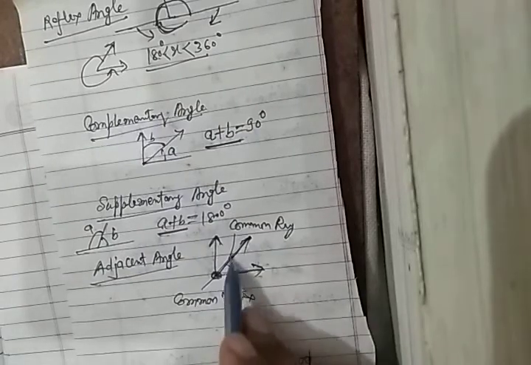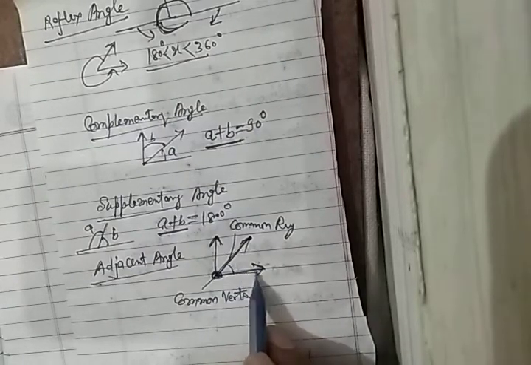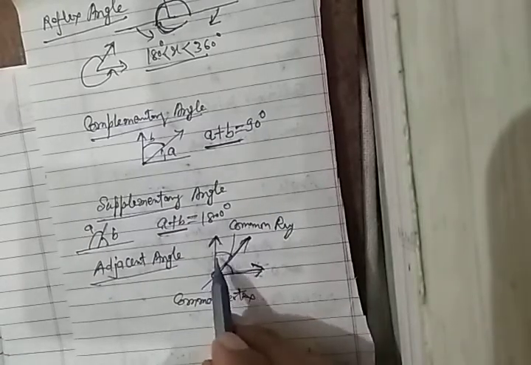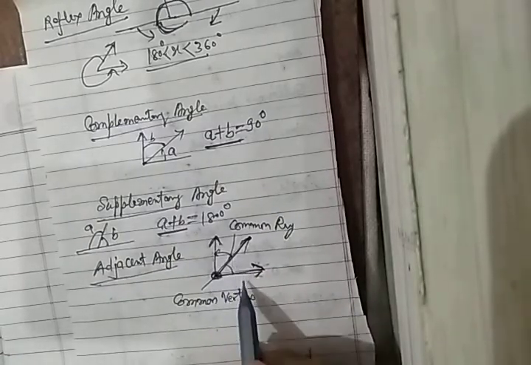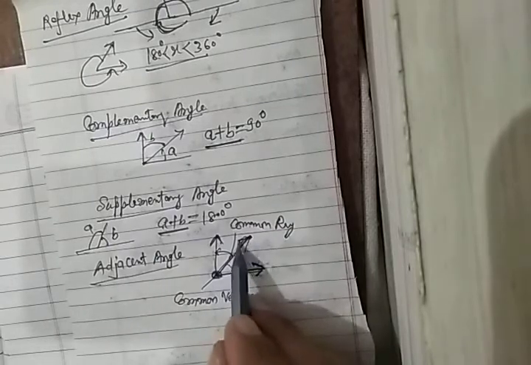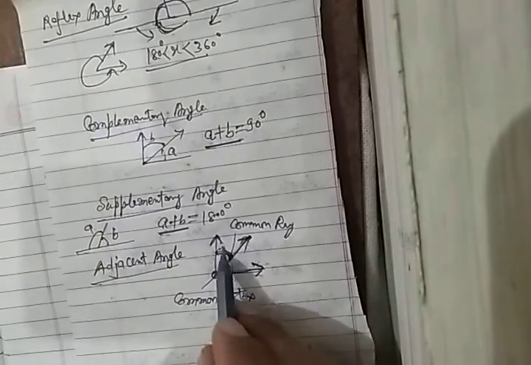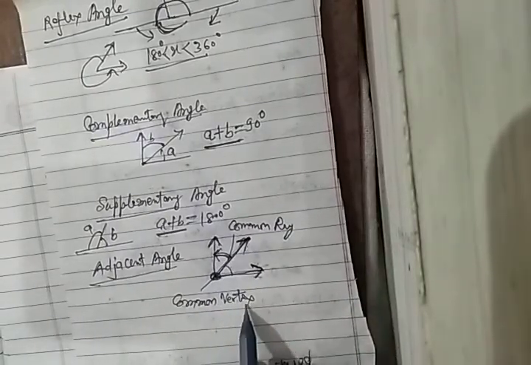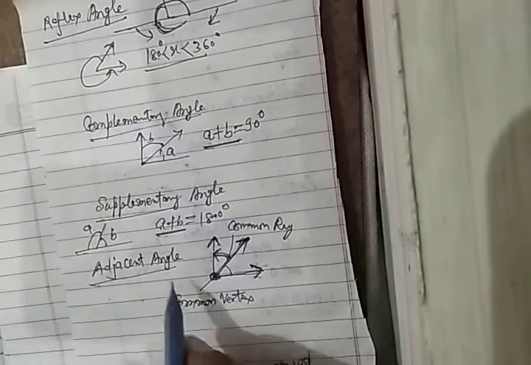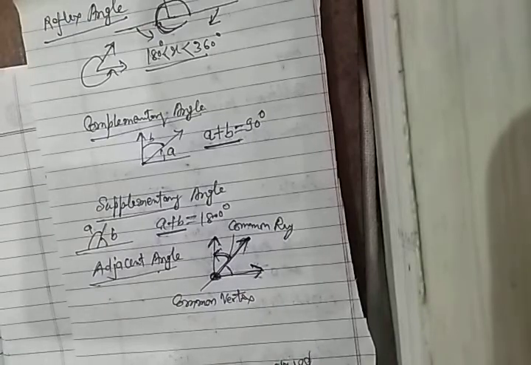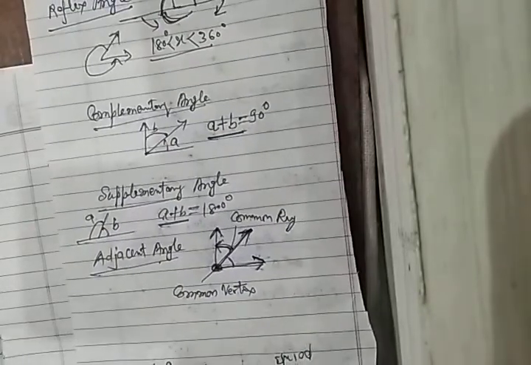So these angles, with a common ray and the other rays different from the common ray, these angles are known as adjacent angles.